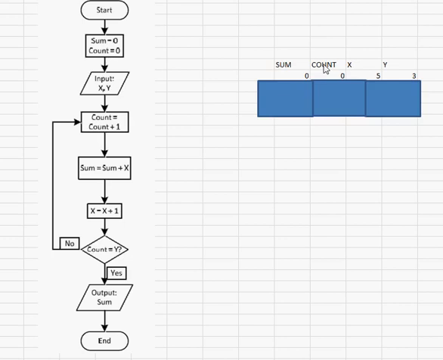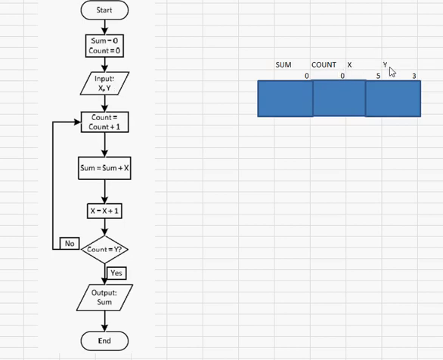We put sum, count, and it's always easy to do it in a table format because it actually makes your life a lot easier with keeping track of how the values change and what they are. You've got sum, count, and then they put x and y in, which are other variables as well.